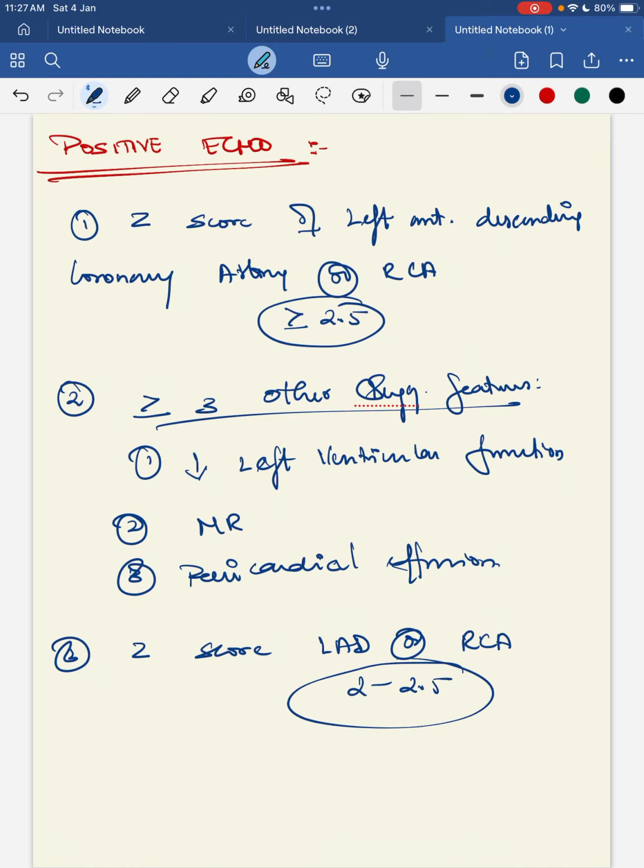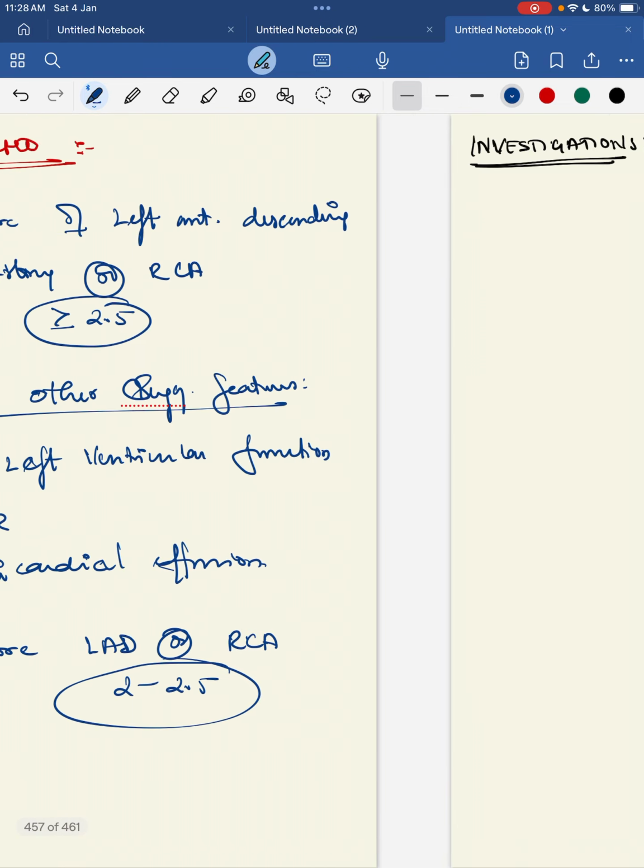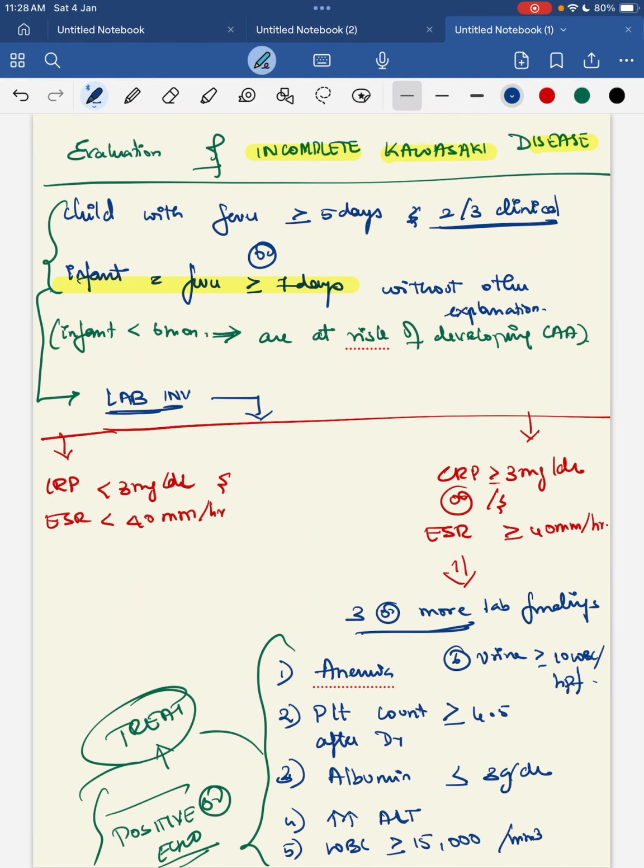Or if the child develops a typical peeling, meaning that peeling begins in the nail bed of the fingers and toes, then echocardiograph should be done. Fine? So this is the way you evaluate a child of your incomplete Kawasaki disease.